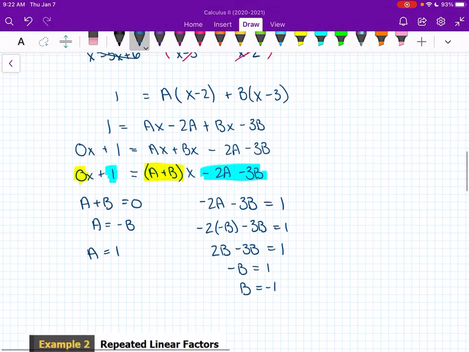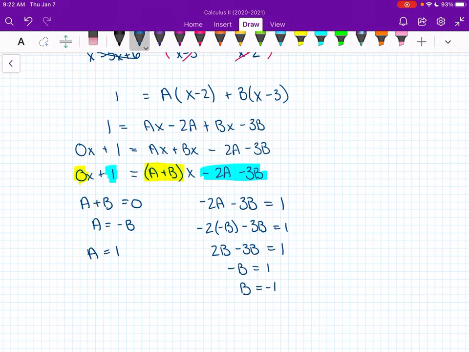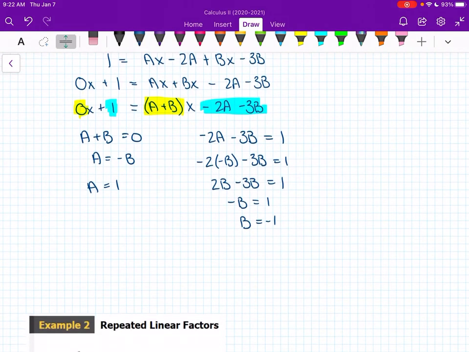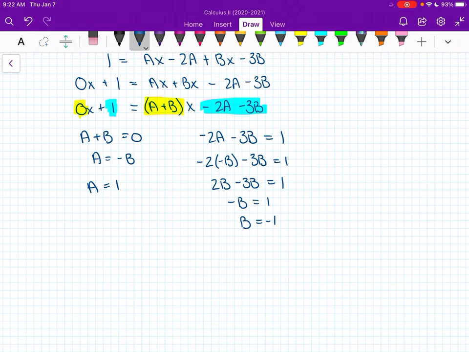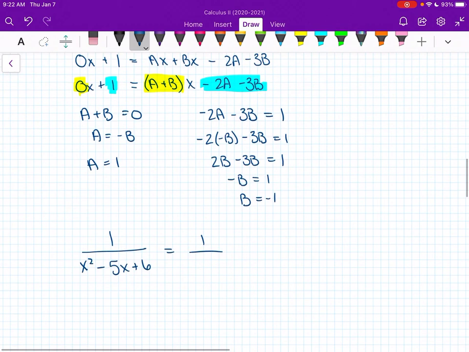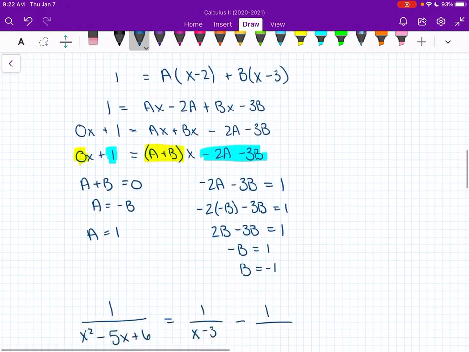Okay? So now if I want to rewrite my original fraction using the decomposition we just found, I would say that 1 over x squared minus 5x plus 6 is going to equal a, so 1 over, and then my first fraction was x minus 3, plus, and then b was negative 1, so I'm going to change that to a minus, and then negative 1 over x minus 2.